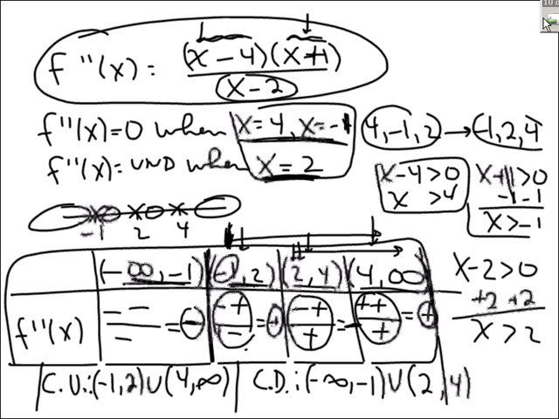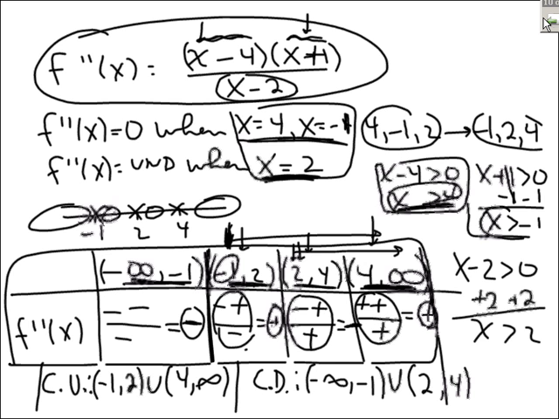A lot of instructors would tell you to take test points. Don't take test points. It takes longer. X is bigger than 4. This is the only interval where it's bigger than 4. Notice that we got these 3 immediately, negative, just by solving this one equation.